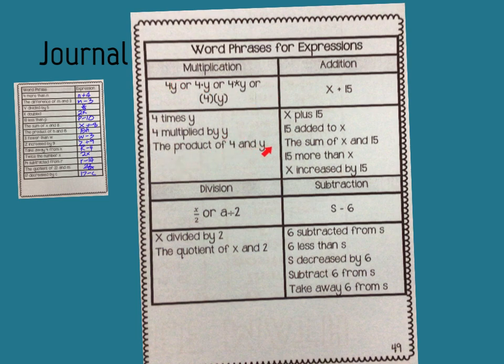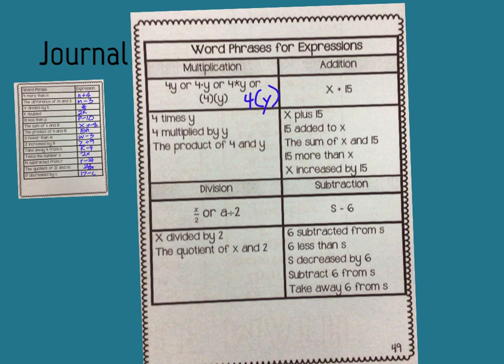The product of 4 and y. There's lots of ways to write it, but if you look at it, which one takes the least amount of writing? Well, this one takes the least amount of writing. So I would say that that's the most correct way to write that. Or I would even say this, 4 parentheses y is also one you could add into that.